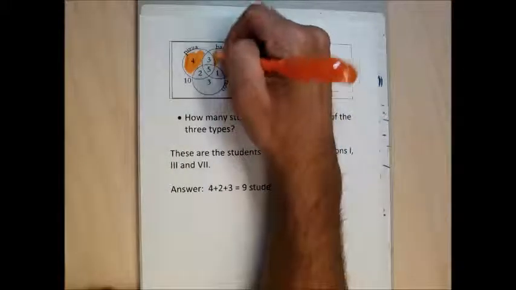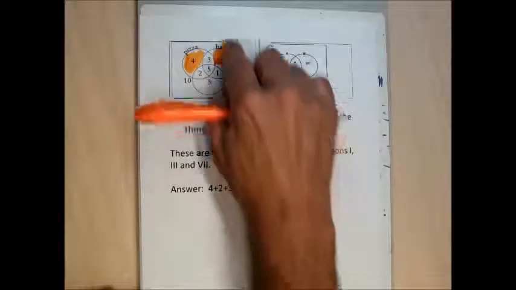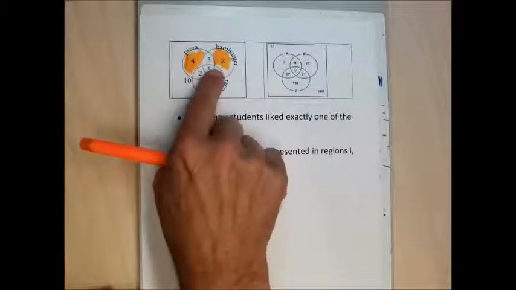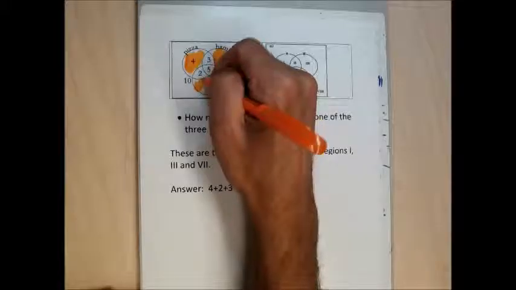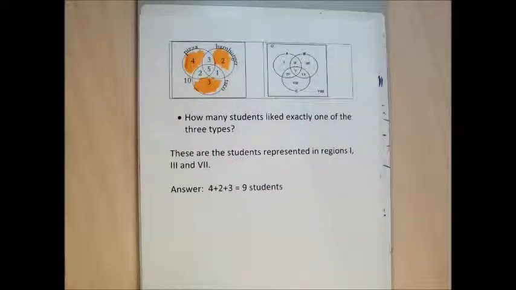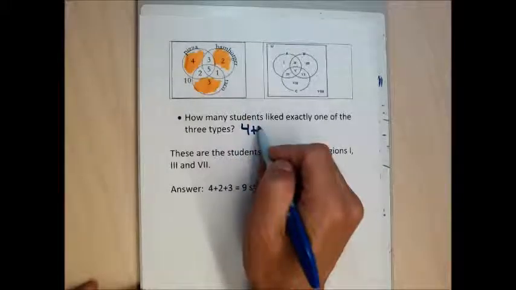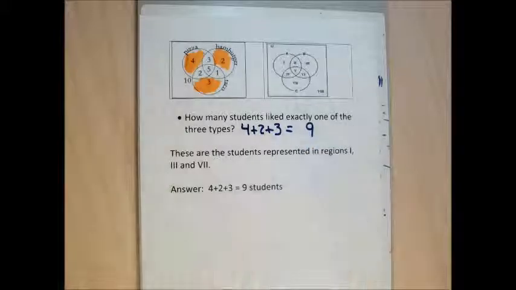I'm going to include these 2 students because they liked hamburgers, being inside the hamburger circle, but they're outside the pizza circle and the taco circle, so they only liked hamburgers. And these 3 only liked tacos and didn't like pizza and hamburgers. So when asking how many liked exactly 1 in a 3-set Venn diagram, these are the regions I'd focus on. That gives me 9.